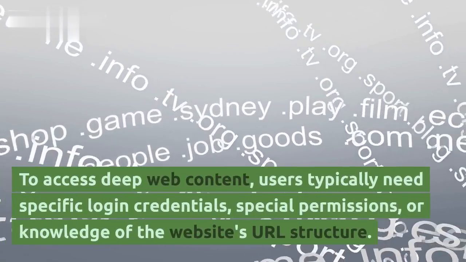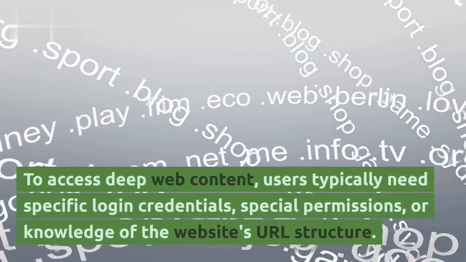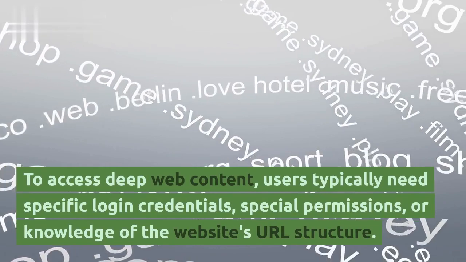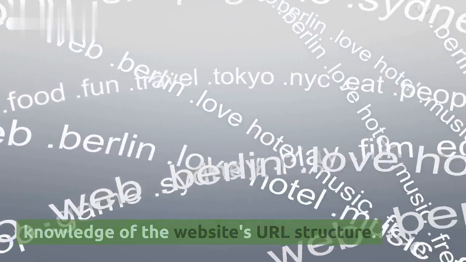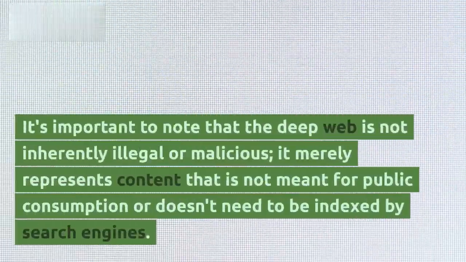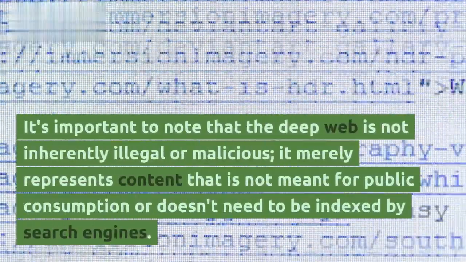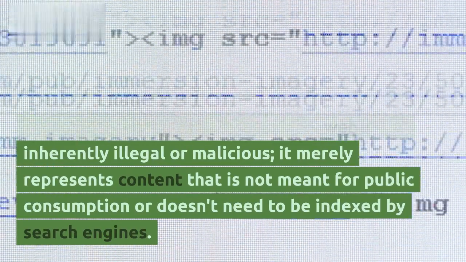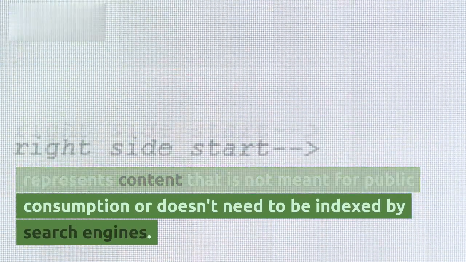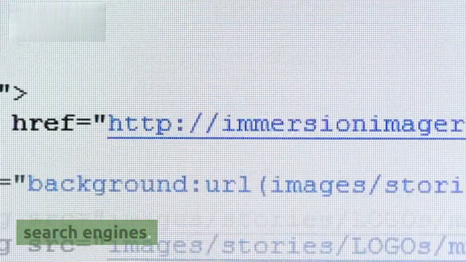To access deep web content, users typically need specific login credentials, special permissions, or knowledge of the website's URL structure. It's important to note that the deep web is not inherently illegal or malicious. It merely represents content that is not meant for public consumption or doesn't need to be indexed by search engines.